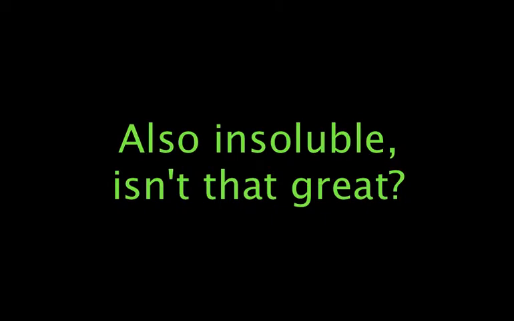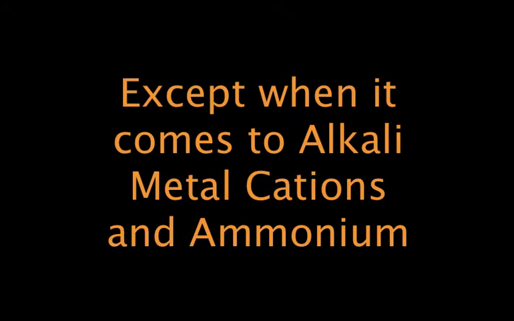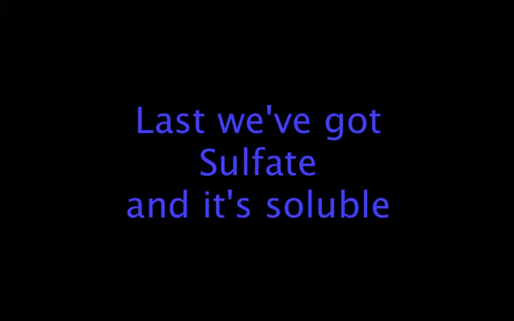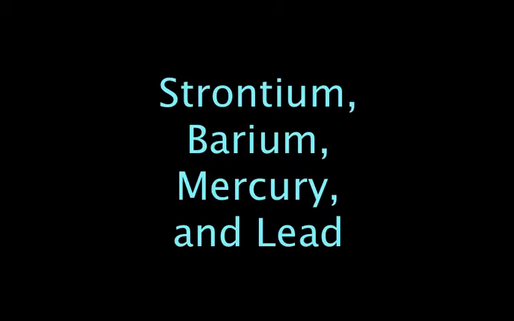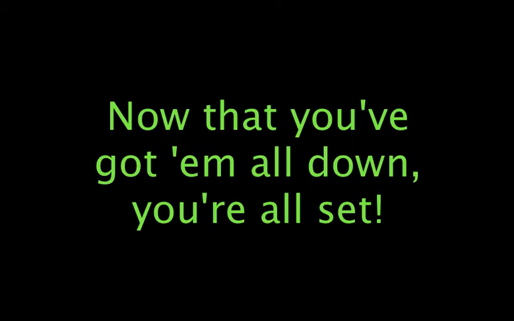Also insoluble, isn't that great? Except when it comes to alkali metal cations and ammonium. Last we've got sulfate, and it's soluble, just not with a few of its states: strontium, barium, mercury, and lead. Now that you've got them all down, you're all set.